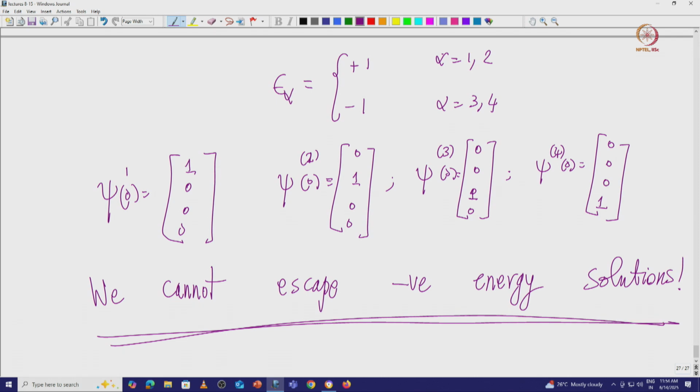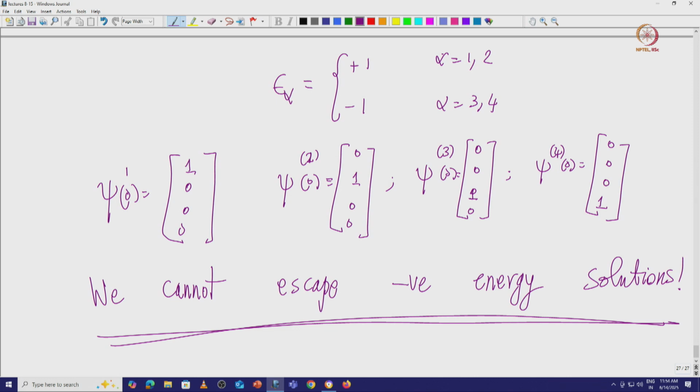So, even after building this entire thing, you see that in the Dirac equation you cannot escape negative energy solutions essentially.